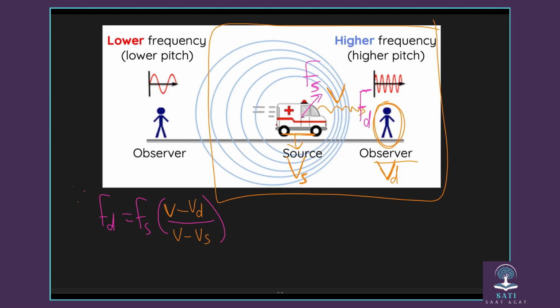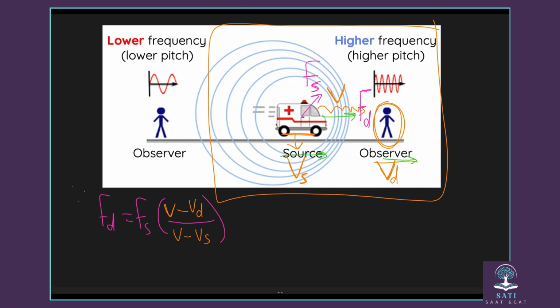Now, this formula is made based on the directions of the velocities being the same. How? In this case, it means the observer is moving with velocity to the right, and the source is moving with velocity to the right, and also the sound is moving to the right.